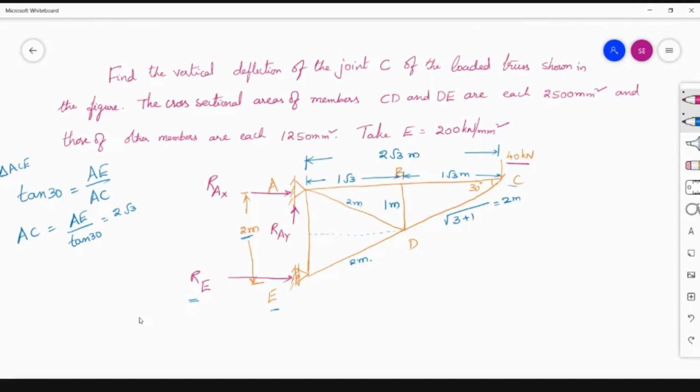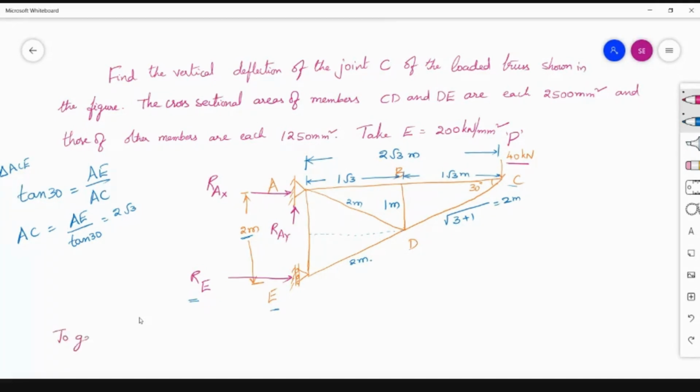Already a 40 kilonewtons load is acting, and this is to be replaced as capital P. According to Castigliano's theorem, wherever we require the deflection, there the load is to be applied and represented as P.